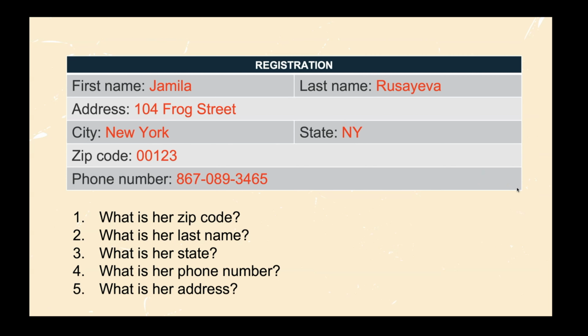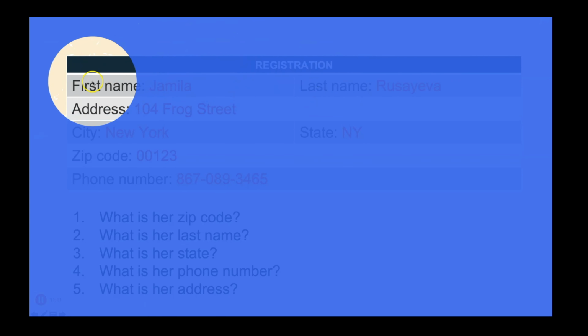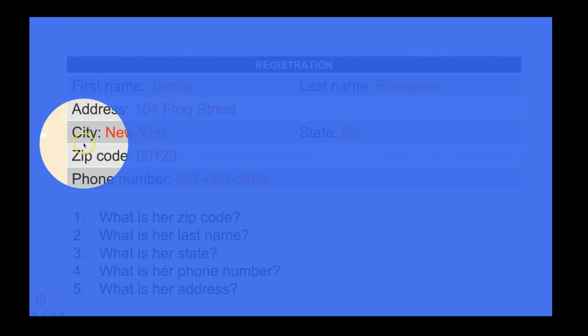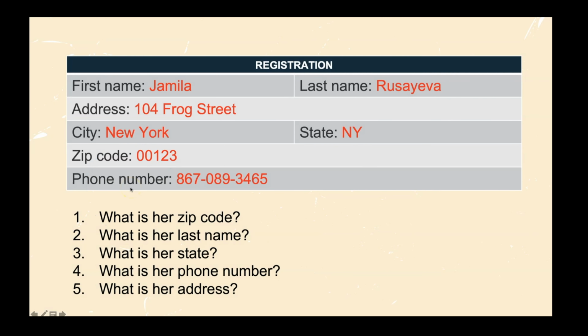Okay, so we have a registration form here. Registration. It's a form where a person puts their information. First name, last name, address, city, state, zip code, and phone number. Or a registration form may ask for other information.